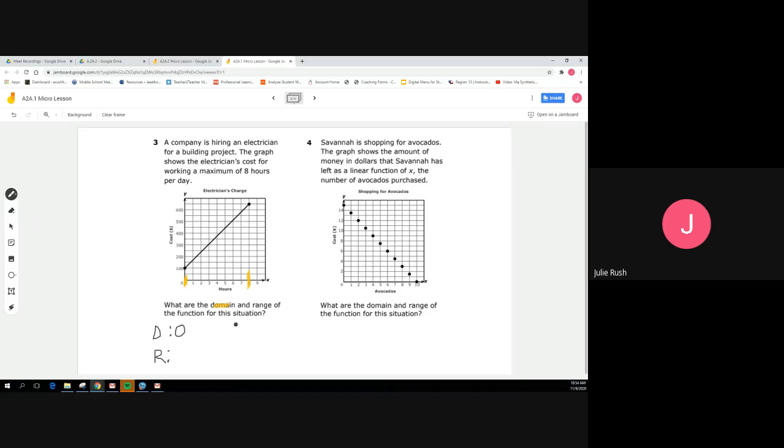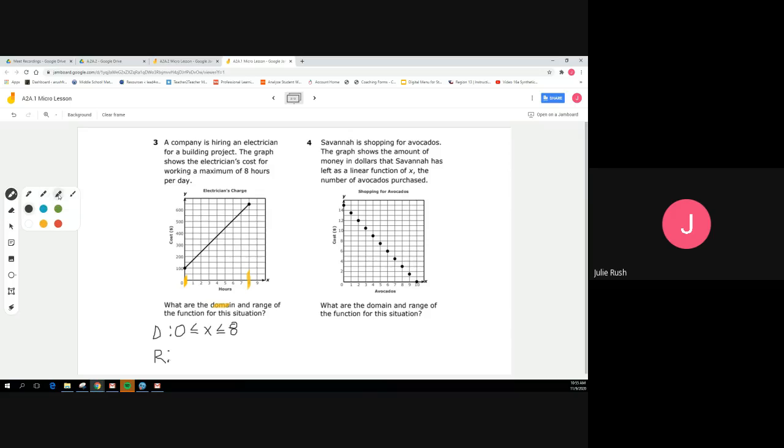I have 8 as my right-hand boundary. My x values are in between these two values. And because it includes those, I'm going to use the equal to inequality. And so my domain for this function is between 0 and 8.